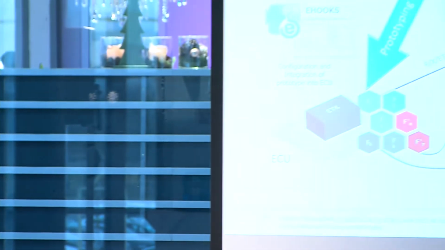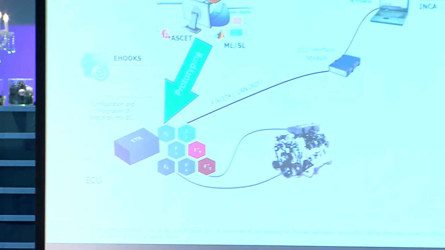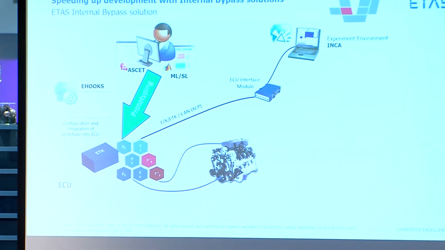So why internal bypass? If we take a closer look at the internal bypass use case, looking at the ETAS example, the function developer will have his new ASCET or Simulink model, and he will use eHooks to integrate that model directly into the ECU software.